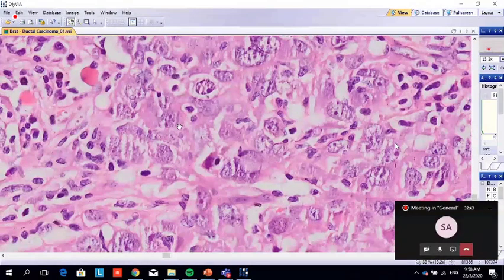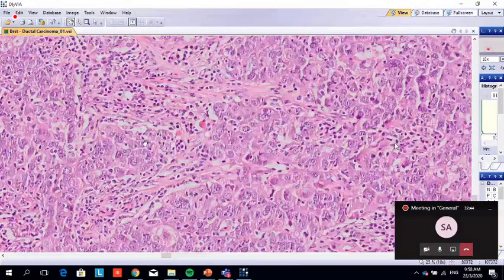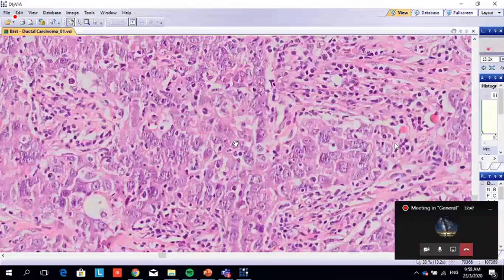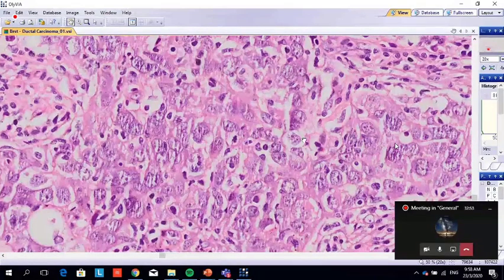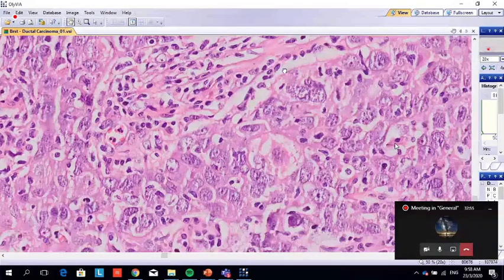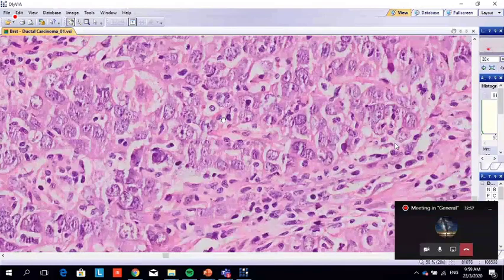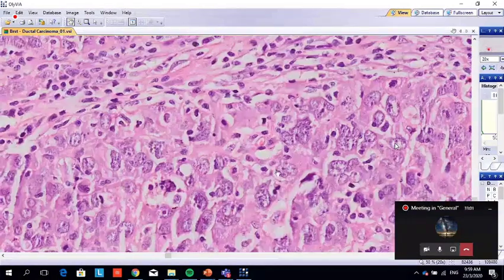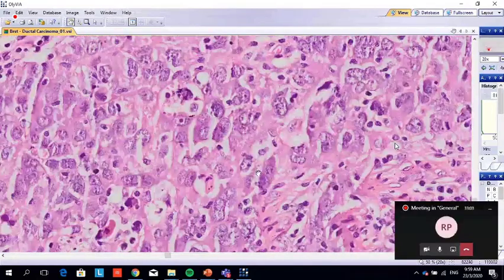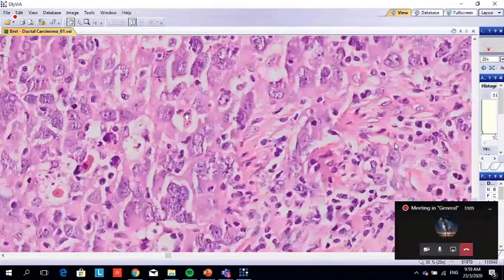What about the mitosis? Yes, mitosis there. This is mitosis. There is a lot of mitosis in this slide. You just move and look, and tell me where the mitosis is. This is mitosis.